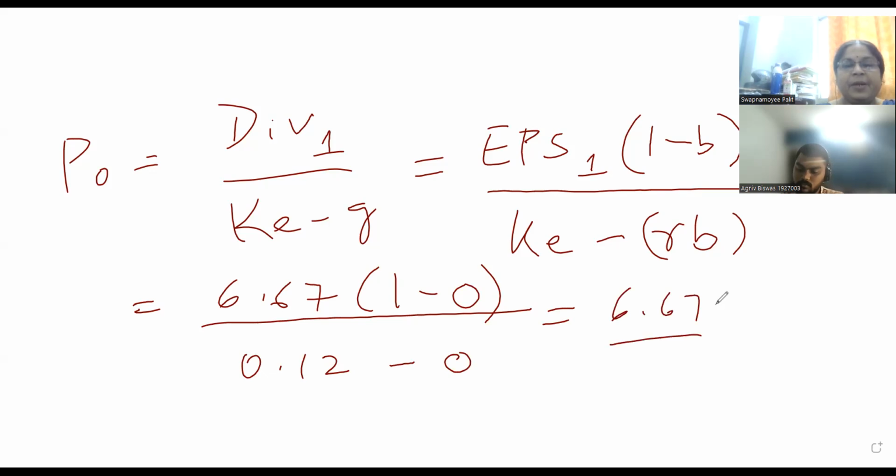6.67 divided by 0.12. So how much does that give you? Calculate. Because there is no growth rate, everything is distributed. Your G is 0. How much are you getting?